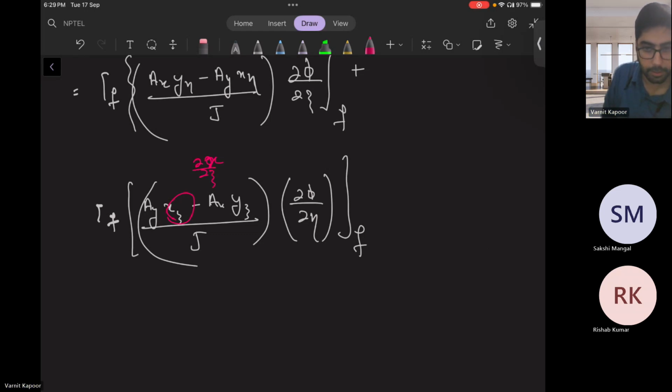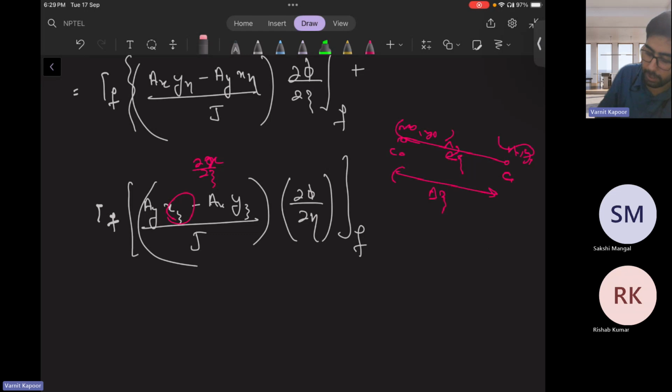So how would I calculate dou x by dou zeta? X1 minus x0, because the zeta direction is nothing but joining C0 and C1. This is your zeta direction, E zeta hat. So it has a coordinate x1, it has a coordinate x0, y1, y0. Okay, x1 minus x0 over this was your del zeta that we have made in the diagram.